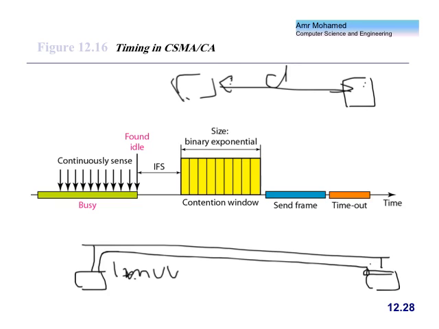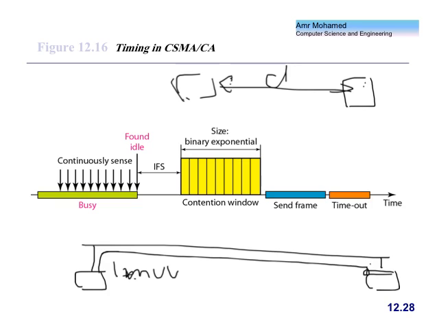What happens is that the interframe spacing accounts for if there is any station which is far from me, which recognizes that the channel is idle and is trying to send, let's wait until I make sure that the channel is really, really idle. Okay? So that's the first thing I have to do to avoid collision.